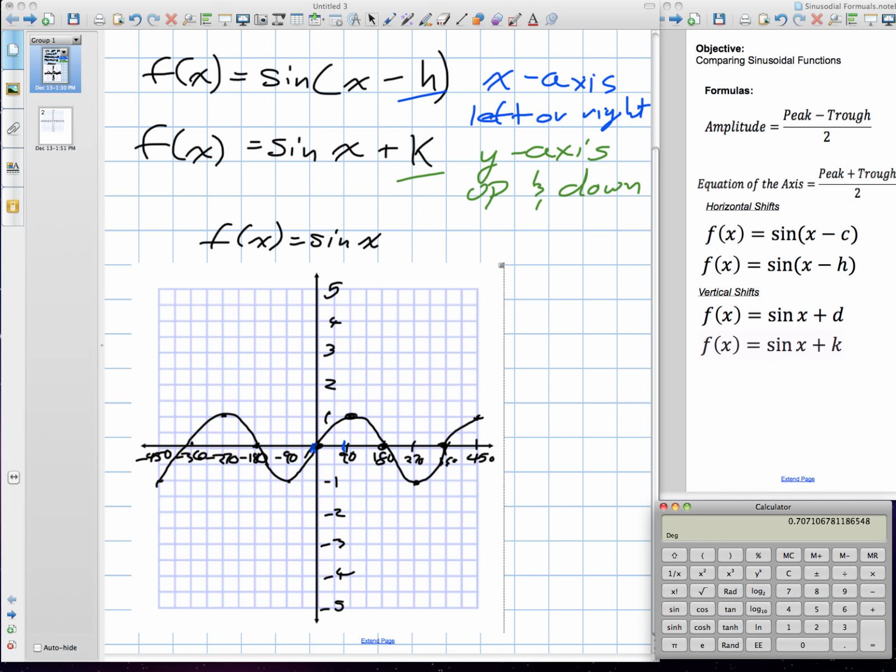We would do sine of 45, right, 0.7, so it's close to 1. Say we're at 0, and I need to figure out what sine is. My y value is 0. If I'm at 270, and I need to find my sine value, the y value of it, negative 1. So, if you ever can't remember, you can plug it into a calculator to find all the points of this wave. Okay? Now, this is the more difficult part.